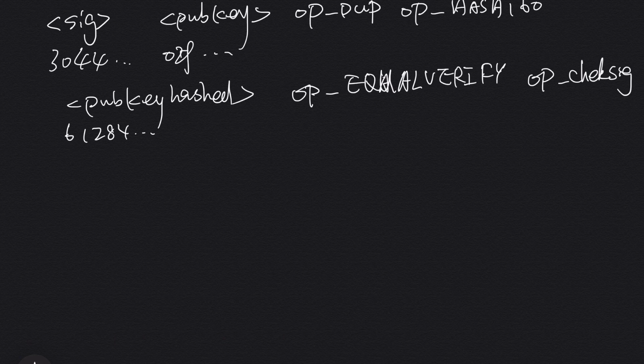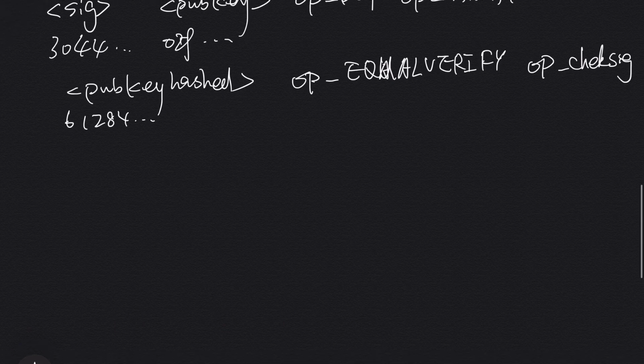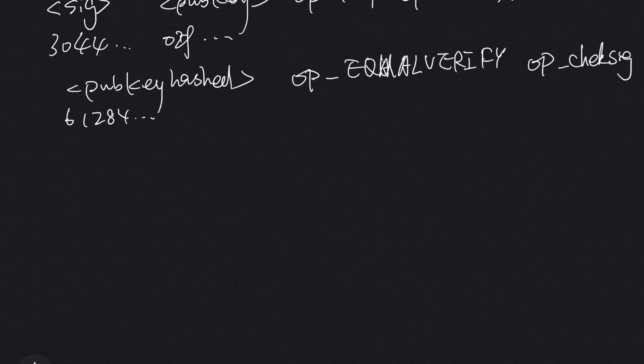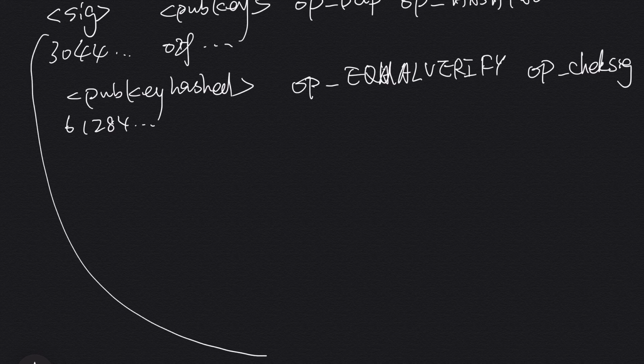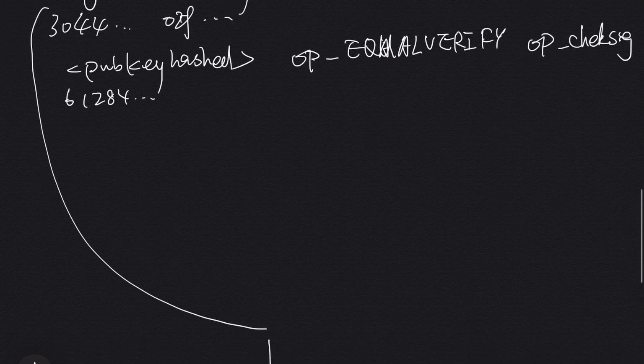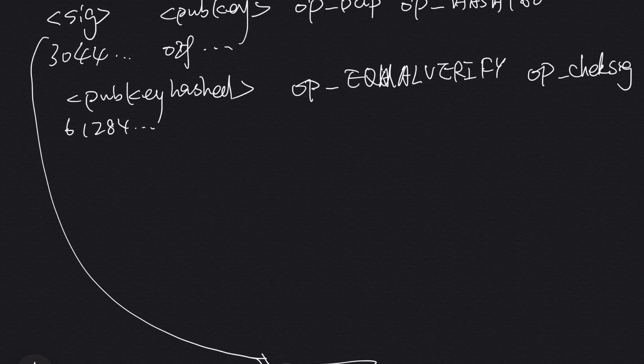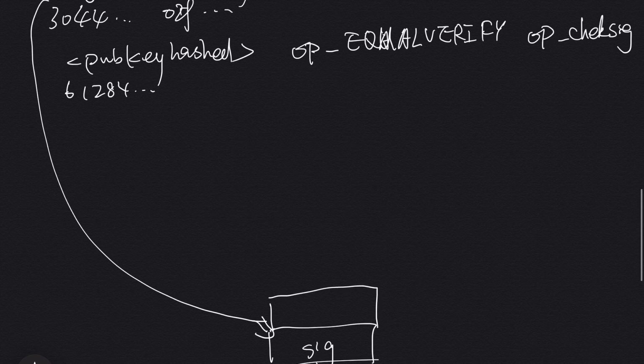So the stack-based scripts work like this. The first thing it got is 3044, which is the signature. So it grabbed the signature and put it at the bottom of the stack. So this is the signature, and then it puts the public key on the stack.